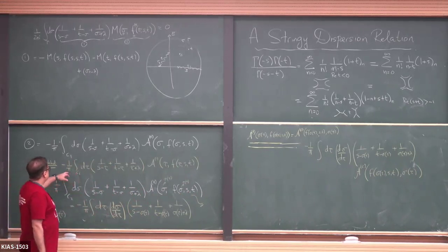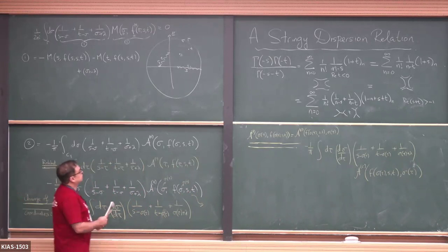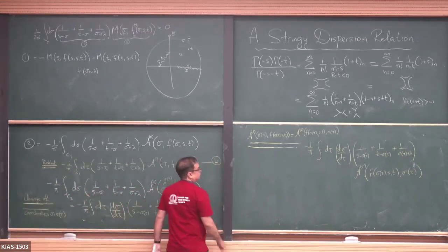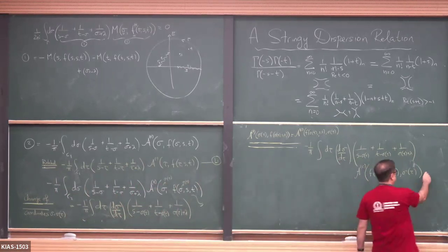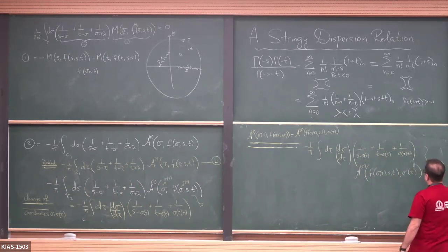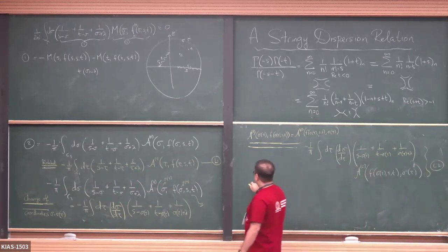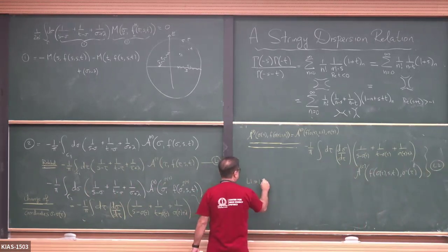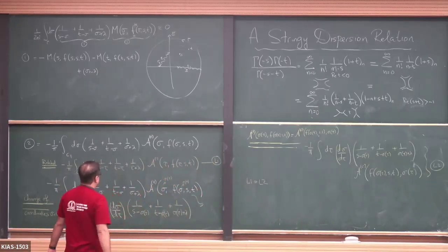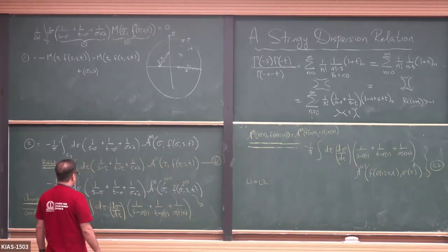Now we are going to demand that this equation, let's call this line 1, and let's call this line 2, this whole thing. So we're going to demand that L1 is equal to L2. We want to demand that because we want to maintain this ST symmetry in the resulting dispersion relation.